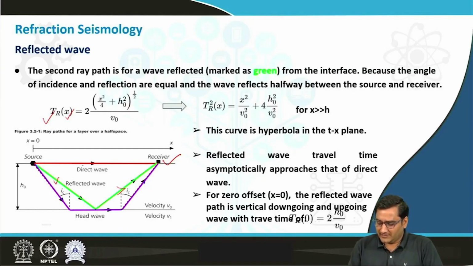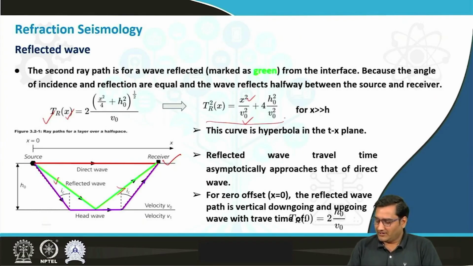So the distance traveled by this ray will be 2 times the square root of x squared by 4 plus h naught squared, divided by v naught. If you expand it using the Taylor series, when x is much larger than the thickness of the layer, then TR squared can be given by x squared by v naught squared plus 4 h naught squared by v naught squared.